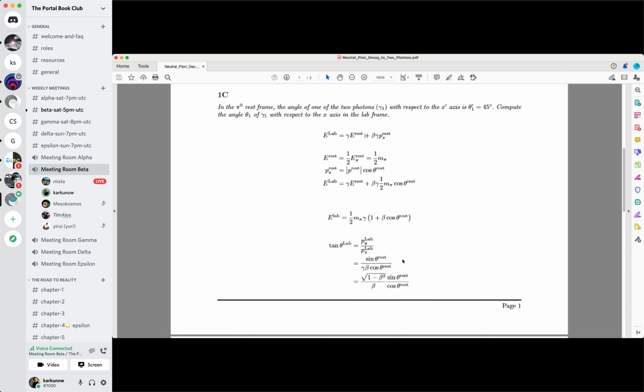Yeah, and we will have similar cosines and sines as in the second equation, P rest x. Precisely. I did a couple of the steps implicitly here, but you're right. You do the Lorentz transformation on this, and the y component would just have the sine and the x component has the cosine. So once we do this inverse Lorentz transformation, what we end up with is 1 over gamma beta times the tangent of theta rest to get the tangent of theta lab.